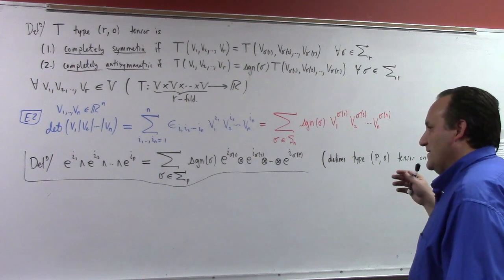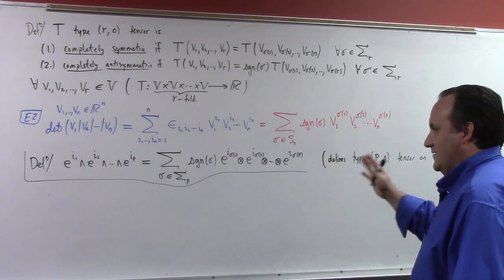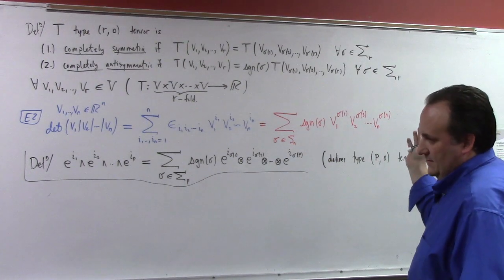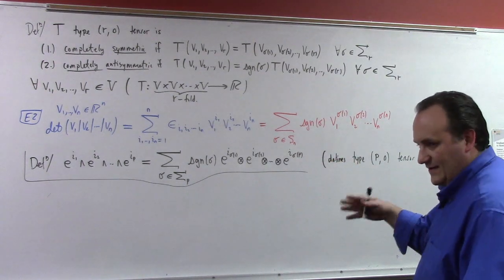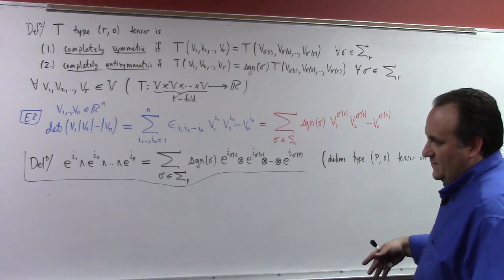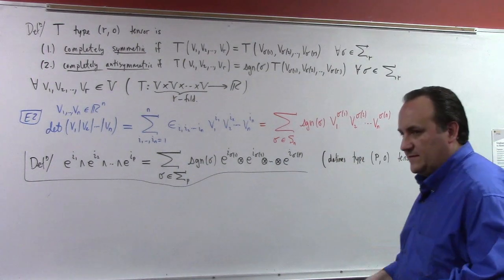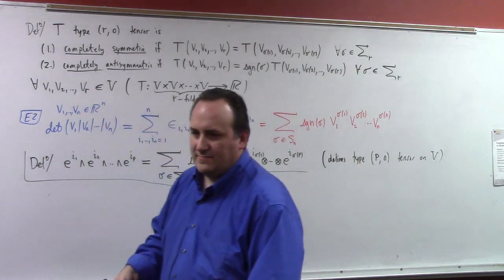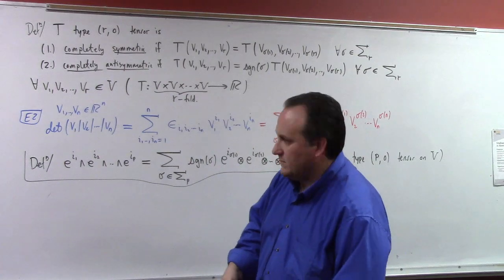You could just define the wedge product more abstractly and then show that you can find these objects inside that. I'm going the opposite way. I'm building the objects and then putting them together to build the exterior algebra, which is not, from an abstract algebraic perspective, the greatest thing, for sure, okay?